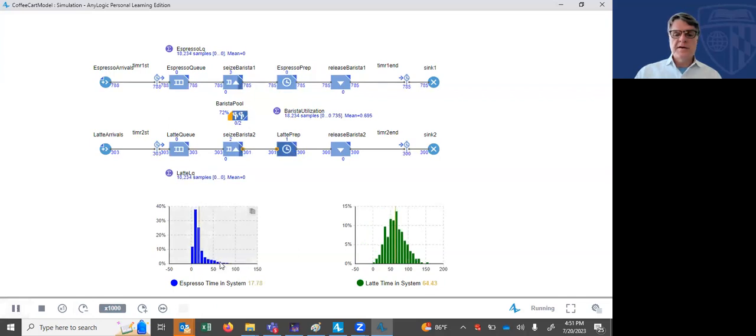See, this one here has relatively long tails. There are a few customers that are presumably getting stuck behind some of the latte folks here too. So right-tailed, right-skewed distributions. All right, so we're up to about 1,500 now on the espresso, about 580 or so on the latte folks. I'll let this go just a little bit longer.